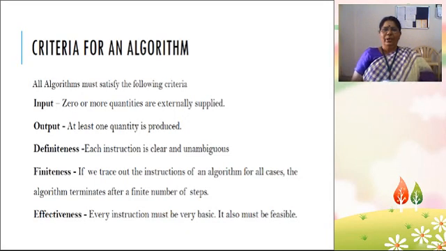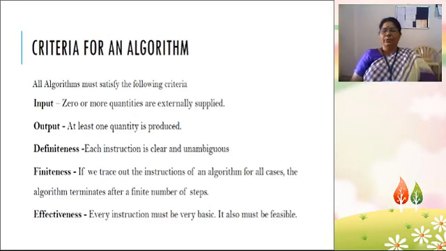An algorithm is a set of finite steps written to solve a particular problem. Then what is a program? Any algorithm implemented in a particular programming language is known as a program. If the algorithm is implemented in C programming, then we call it a C program. If the algorithm is written with C++ syntax, then it is a C++ program.